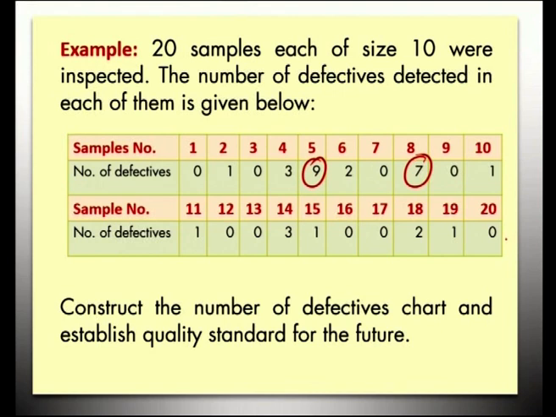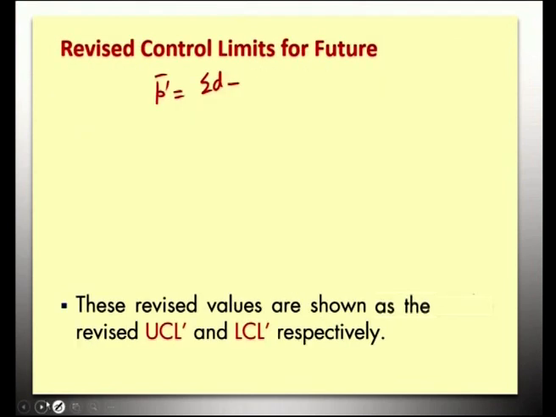So, 31 minus 9 minus 7 gives the total number of defectives for the remaining 18 samples, divided by nk.